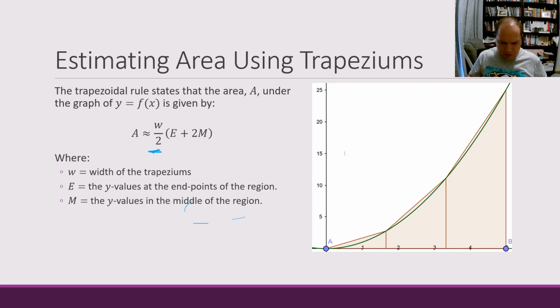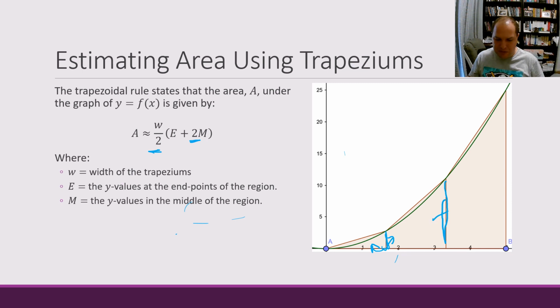The one thing that does look a bit strange is why is there a 2 in this equation? Where that comes from basically is that all of the middle sides here are used in two trapeziums. So this middle side is used in the left trapezium and the right.